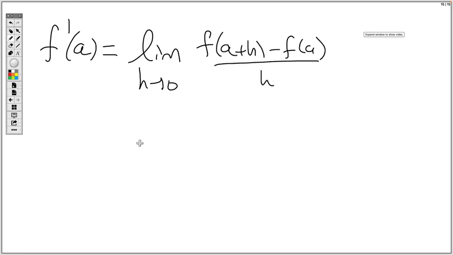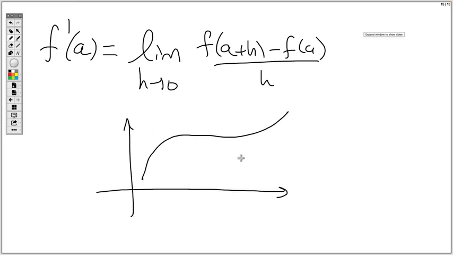Okay. And once again, to remind you what's going on here, and I always encourage students to always have a picture of what's going on. Try to make it a better picture.